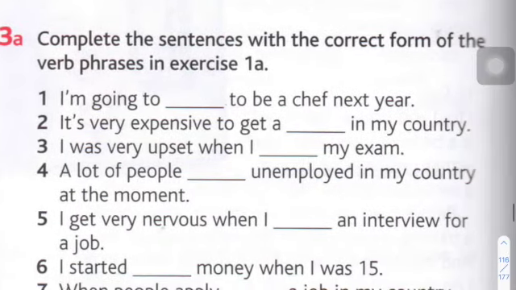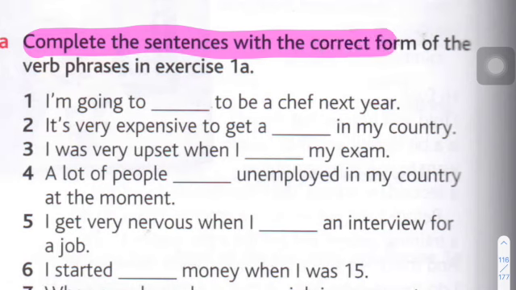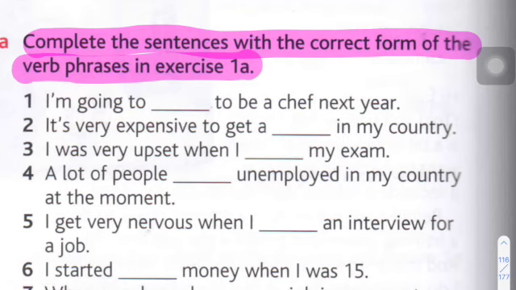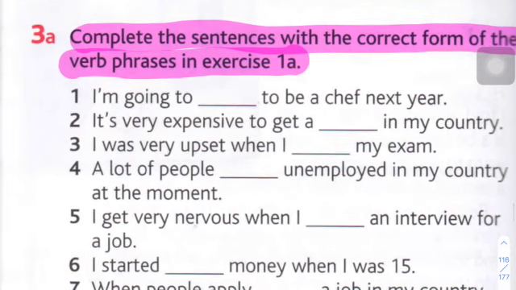It says, complete the sentences with the correct form of the verb phrases in exercise 1A. So we'll continue with the same verb phrases. Number 1 says, I'm going to be a chef next year. So I'm going to train, probably. No, but train is not here.